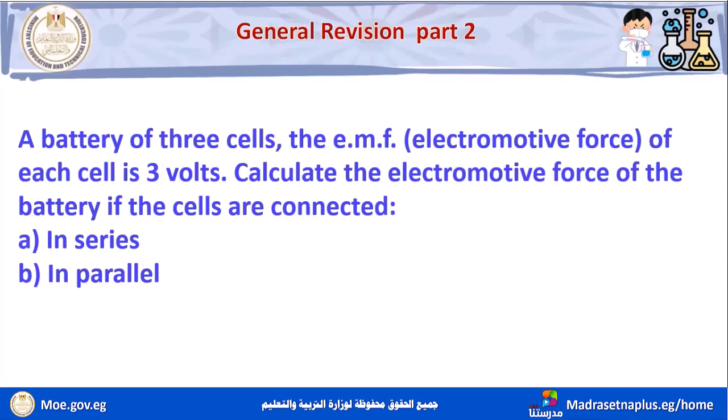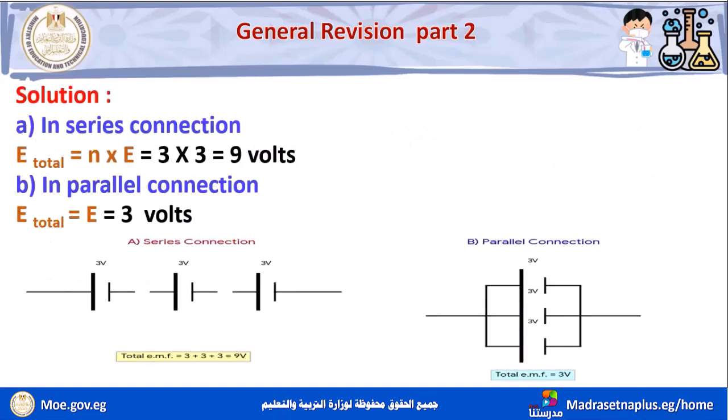Another question: a battery of 3 cells, the electromotive force of each cell is 3 volts. Calculate the electromotive force of the battery if the cells are connected: letter A in series, letter B in parallel. Solution: letter A, in series connection, total electromotive force equals N times the electromotive force of one of them.